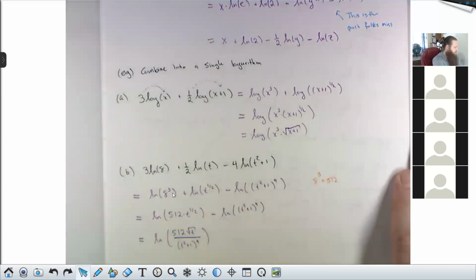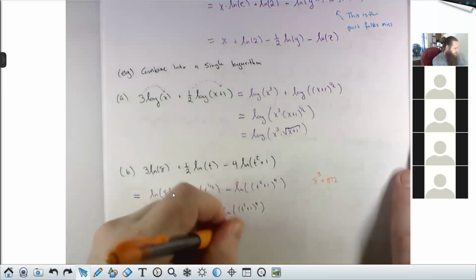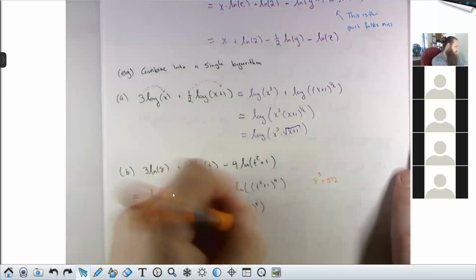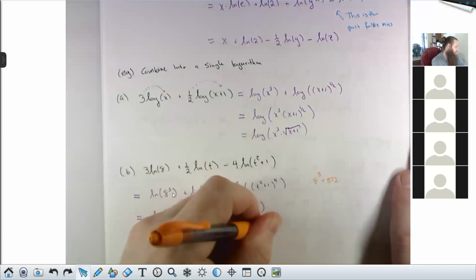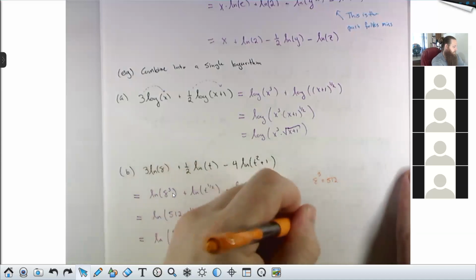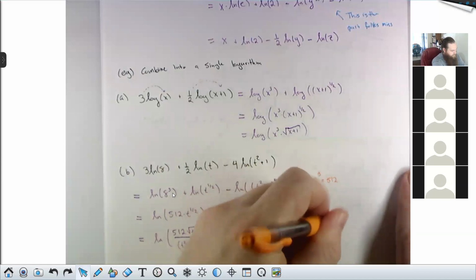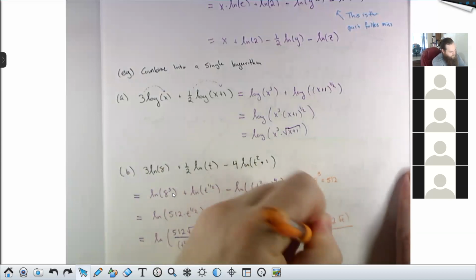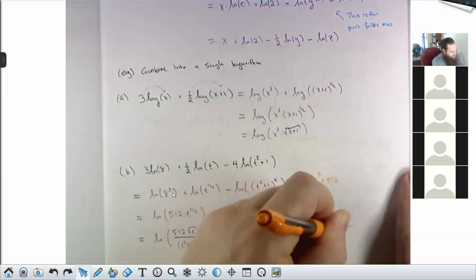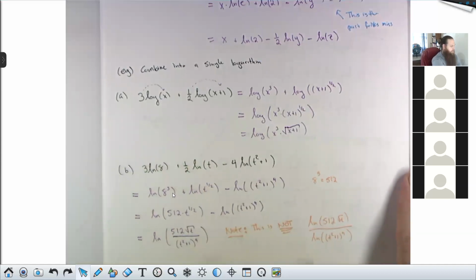And I want to make a note here. This is not ln of 512 root t over ln of t squared plus 1 to the 4. There's a big, big difference between this and this. They're not even close to the same.